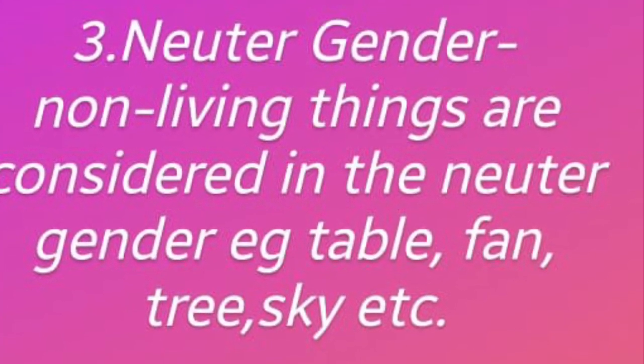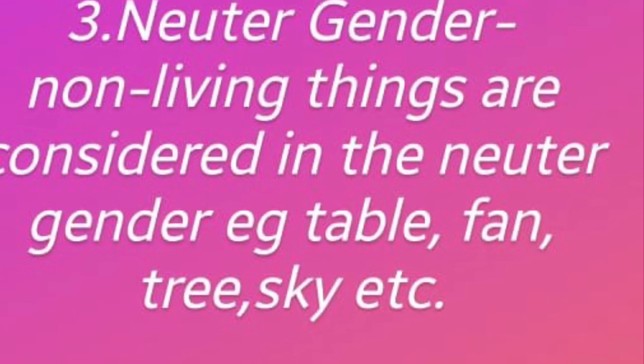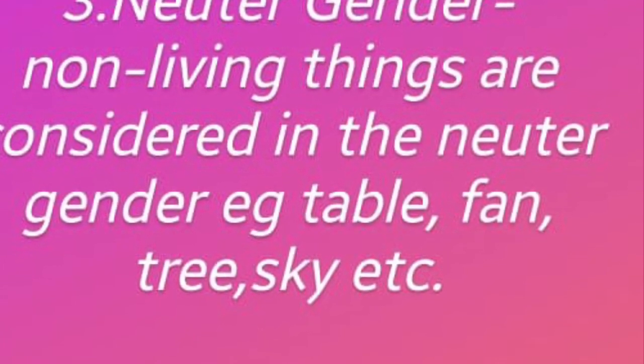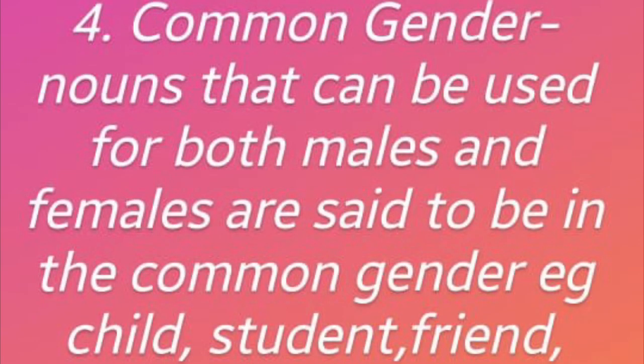So let's see number 4. The number 4 which we have is common gender. So what do you understand from common gender? See, some nouns that can be used for both males and females are said to be in the common gender. Are you understanding this? Those nouns which we can use for both male and female are said to be in the common gender.